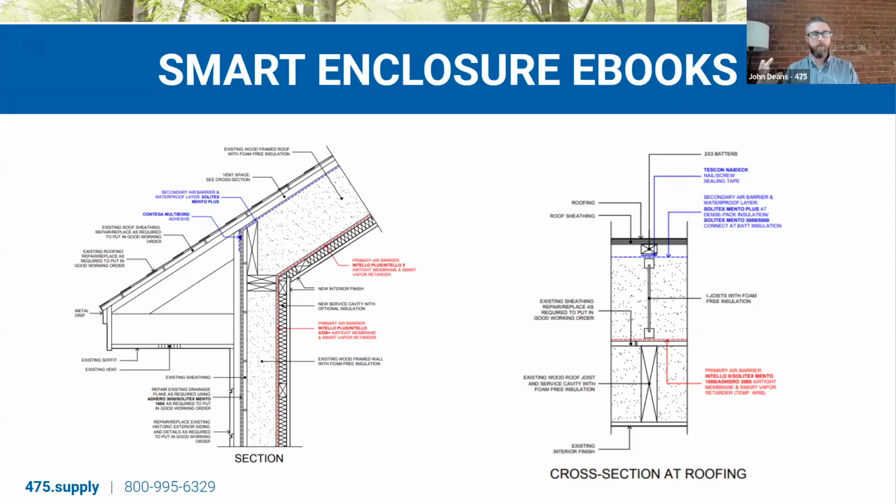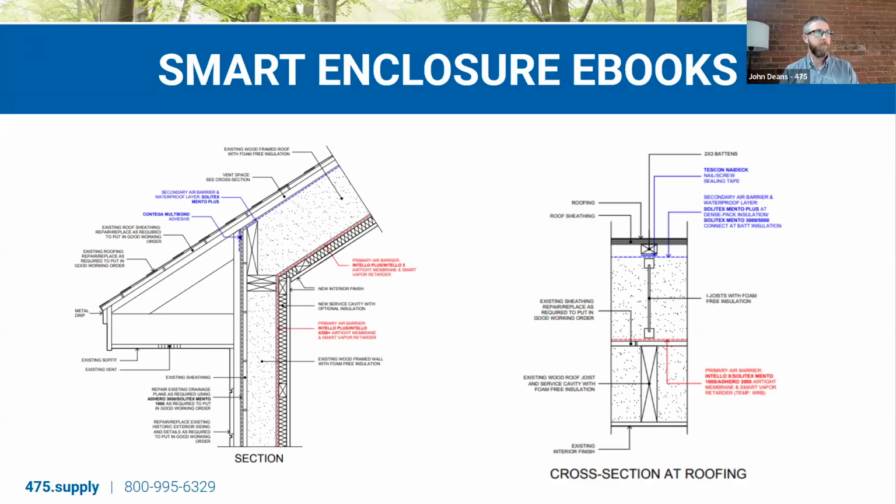So we took the general assemblies that folks seem to be doing and did our best work to detail those and provide some resources for folks to use. And that includes downloadable free DWG CAD files. So you can take these things and put them into your programs and mess with them, move things around, redraw sections. It gives a template to go from, and they're not prescriptive at all, but they offer a framework to start with and a way to think about these assemblies.